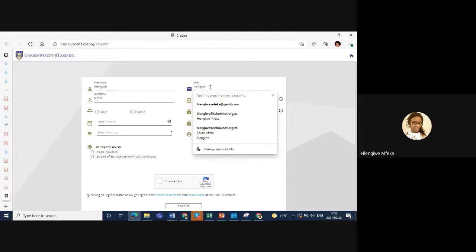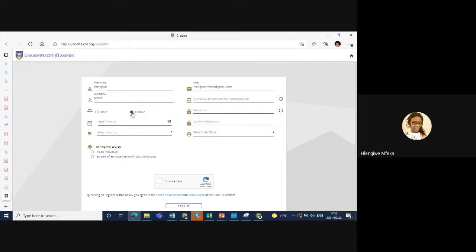Let me use my Gmail one, gmail.com. I'm a female. And then you need to punch your date of birth. Mine is 1920, April 30. The country is South Africa, right? And then you leave this blank, as it says, it's optional.